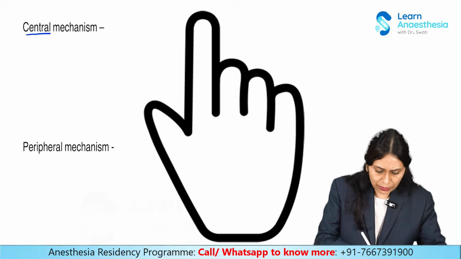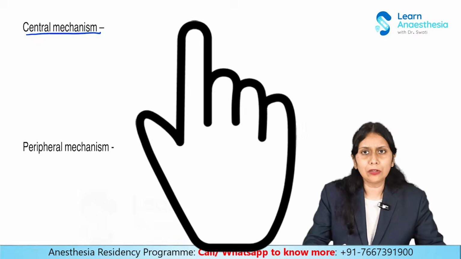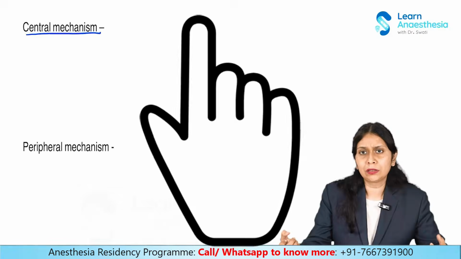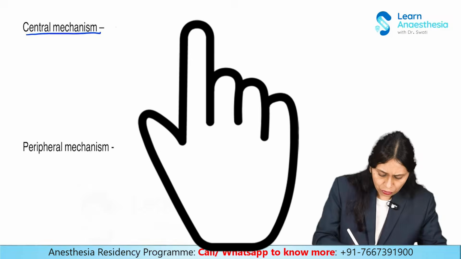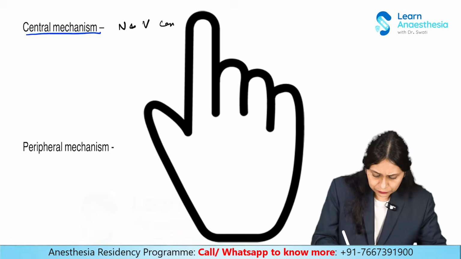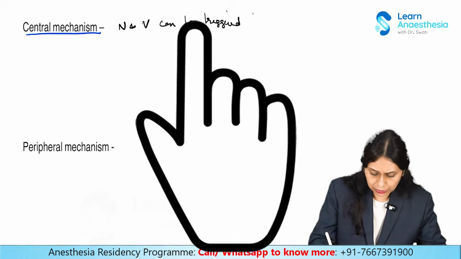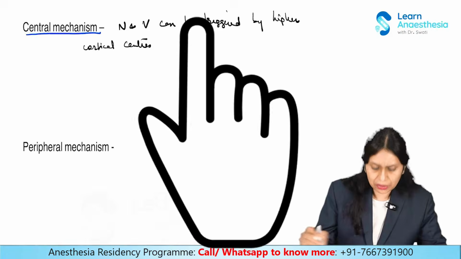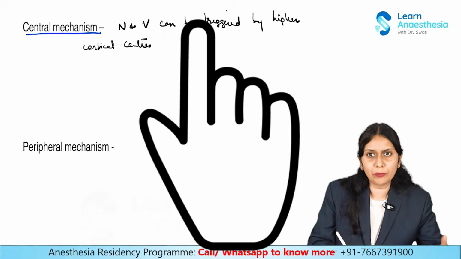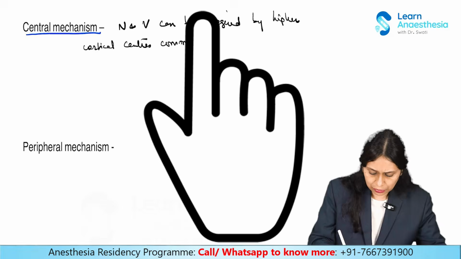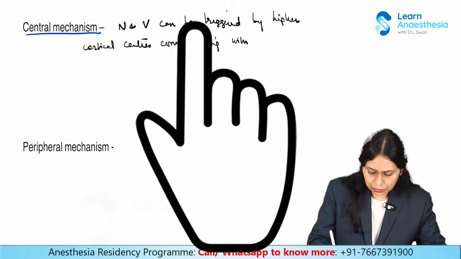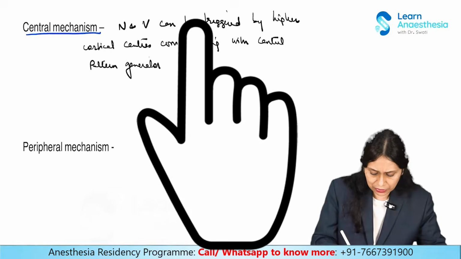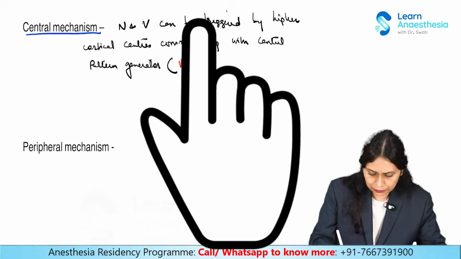So let's talk about the central mechanism. Now nausea and vomiting can be triggered by a lot of higher cortical center features like fear, like a nauseous smell, etc. So nausea and vomiting can be triggered by higher cortical centers communicating with the central pattern generator, that was previously called the vomiting center, right?